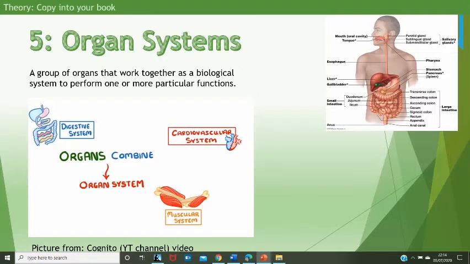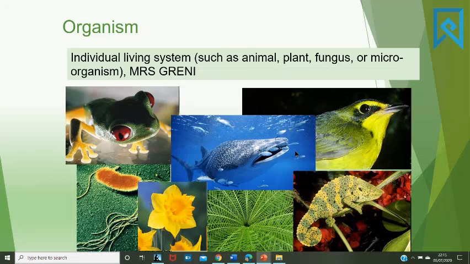We have the cardiovascular system, which I kind of talked about in the last slide, about pumping blood around the body, etc. And the muscular system to make us move. So organs combine to make an organ system. Picture from Cognito. You just have a few organ systems here.